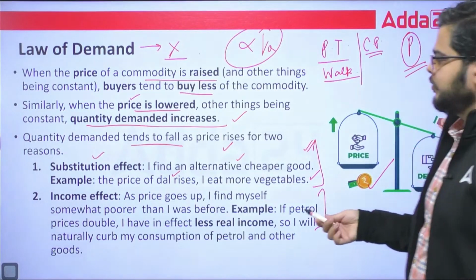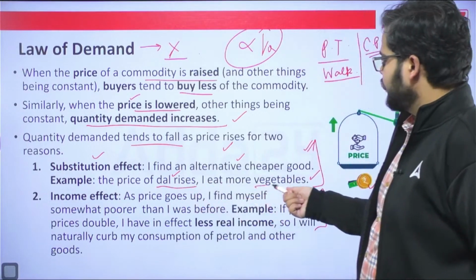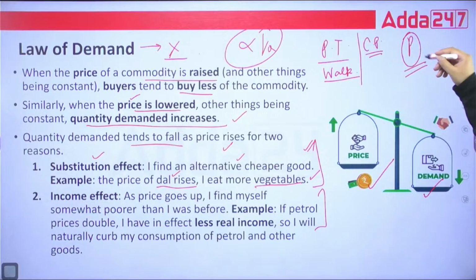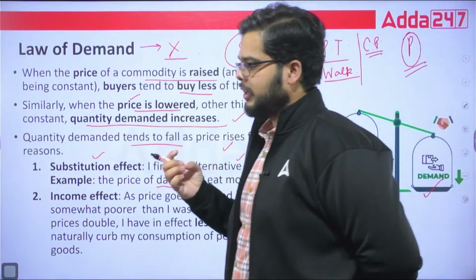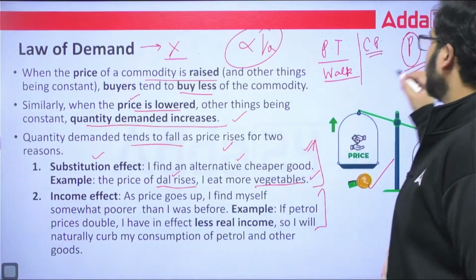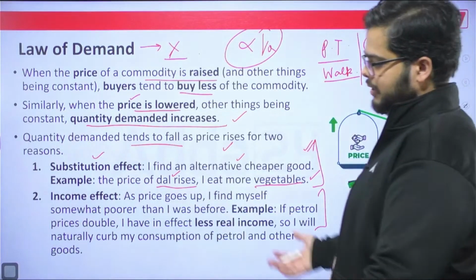Earlier we replaced one food item with another food item. But here we are trying to keep the impact of a particular commodity's price rise minimum on our pocket. Because we cannot replace petrol. We cannot just say that we can move to diesel cars.